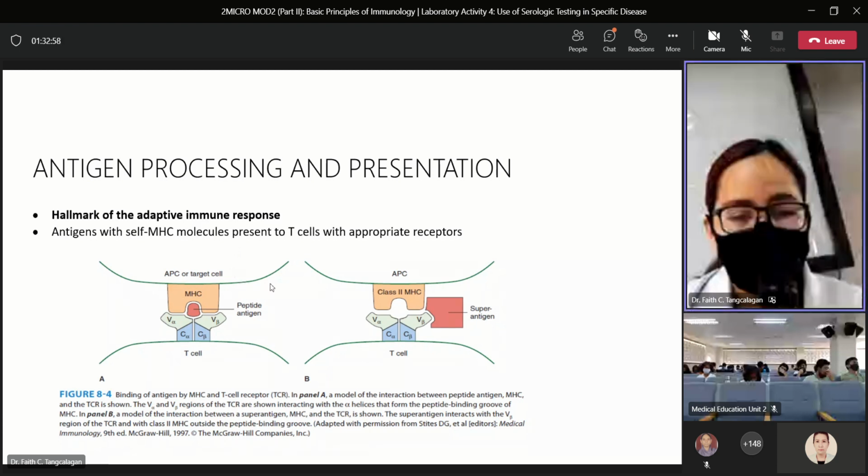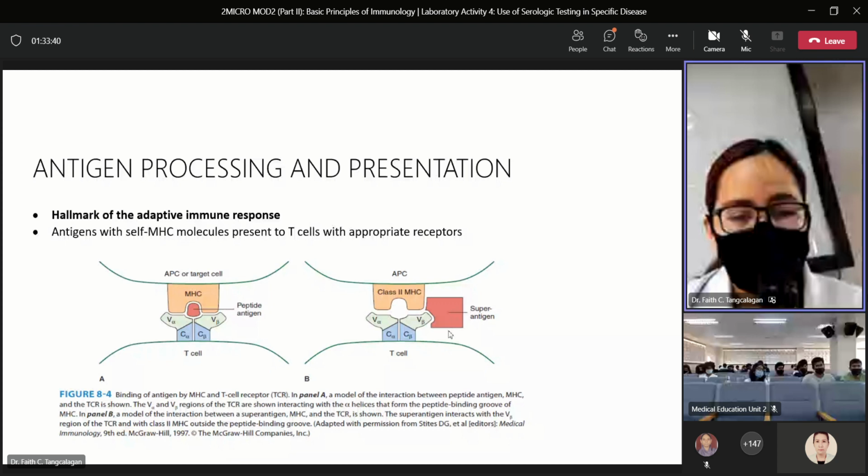As mentioned earlier, if it's a CD8 T cell, the MHC molecule responsible is class 1, while for CD4 it is class 2. Just remember that.